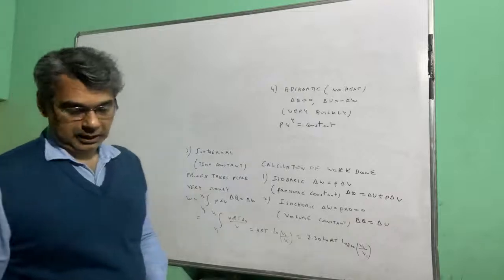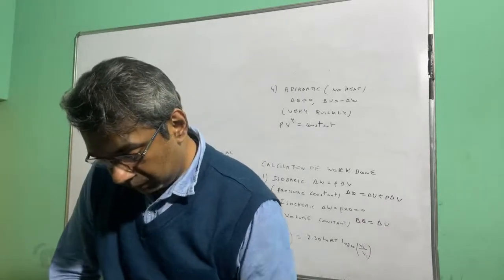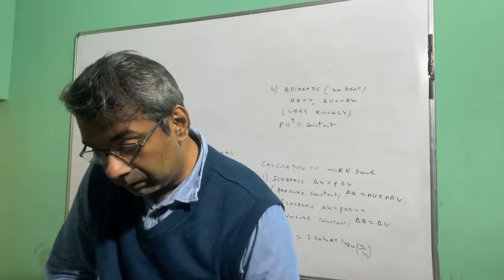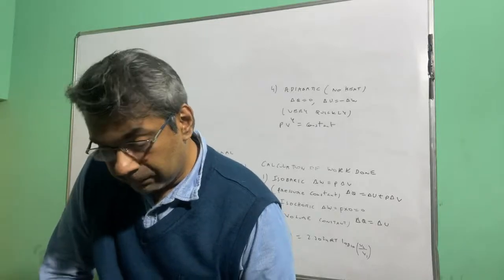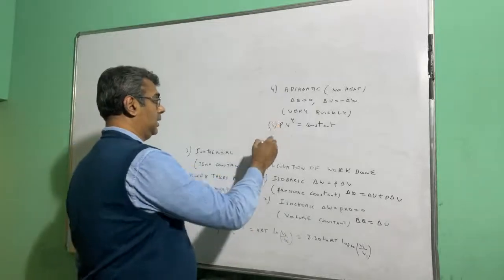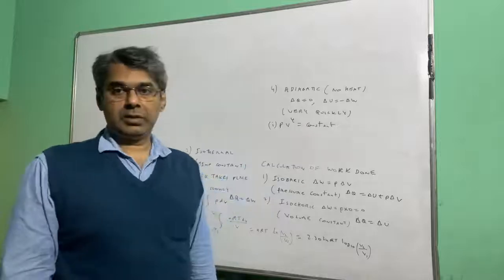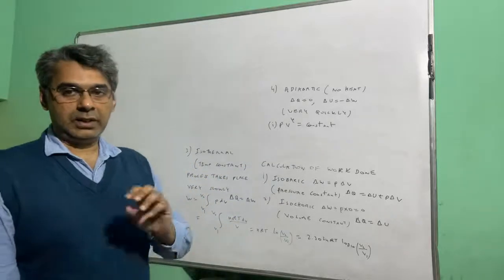In an adiabatic process, there are a few formulas which have to be remembered. One: in any adiabatic process, pressure into volume to the power gamma is constant. I'll just tell you what is gamma.